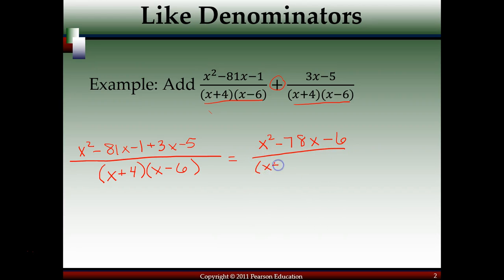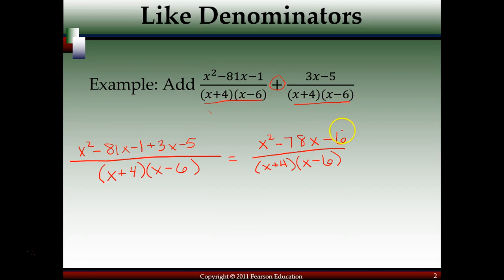We do not necessarily have to multiply or FOIL this denominator out. After we've combined the numerators, we are done. I guess another step would be at this point to simplify. If we can simplify any further, then do that. If not, then don't worry about it.